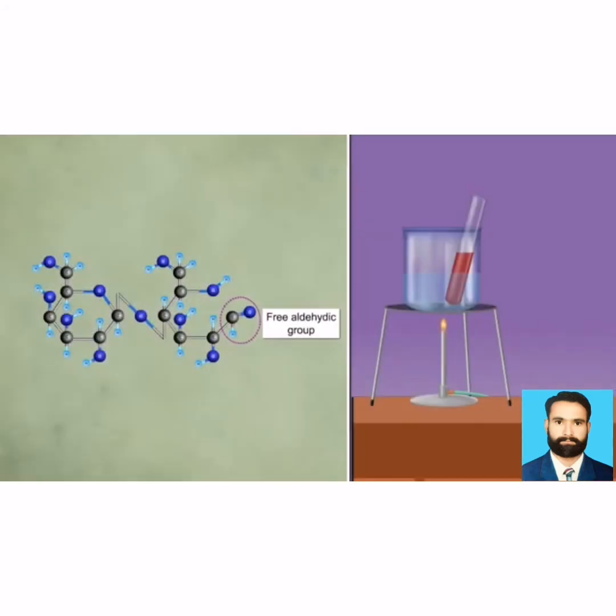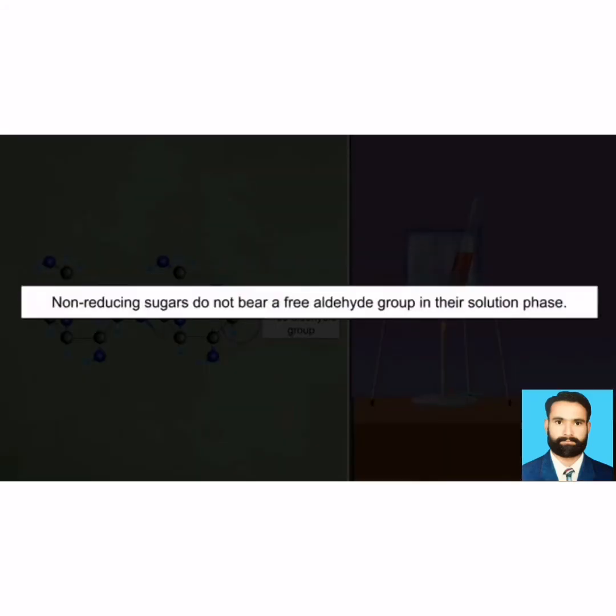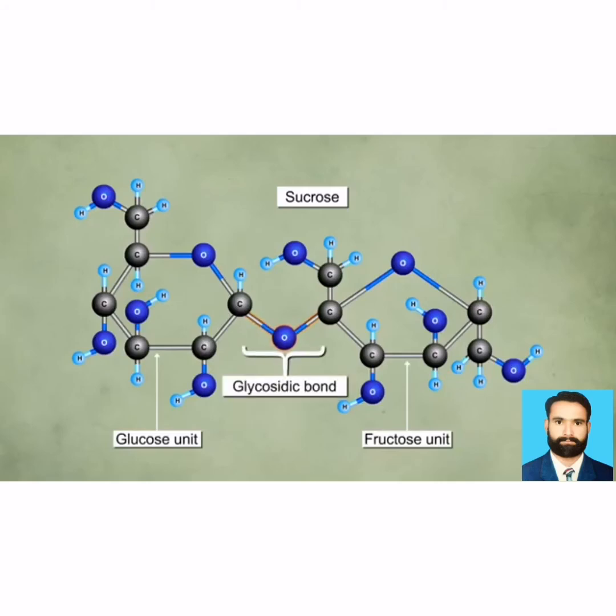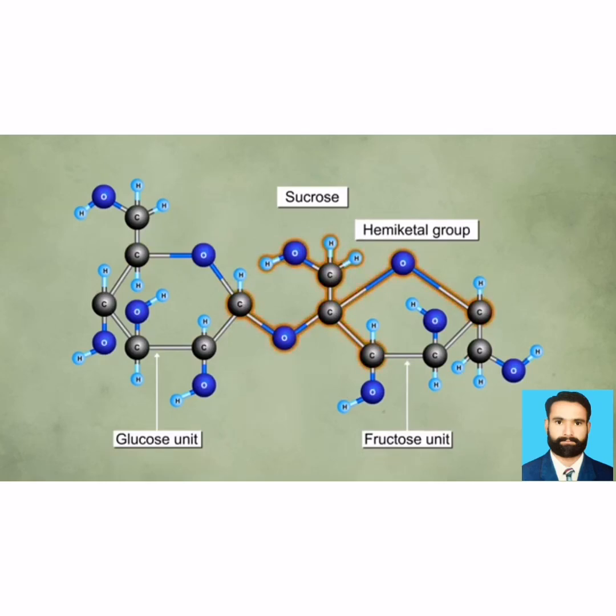In contrast to reducing sugars, non-reducing sugars do not bear a free aldehyde group in their solution phase. An example is sucrose, which is a disaccharide with one glucose unit and one fructose unit joined together through a glycosidic bond. The glucose unit has one hemiacetyl group, whereas the fructose unit has one hemiketyl group.